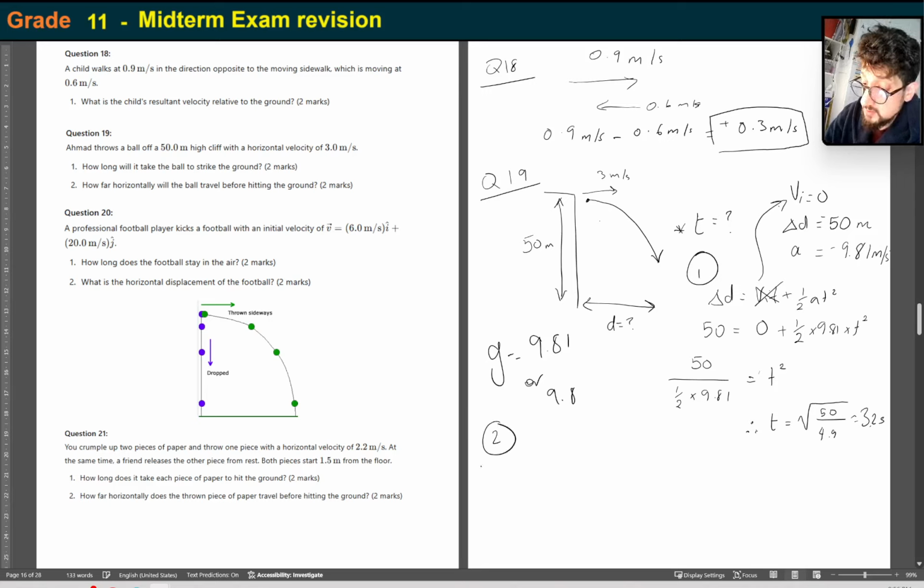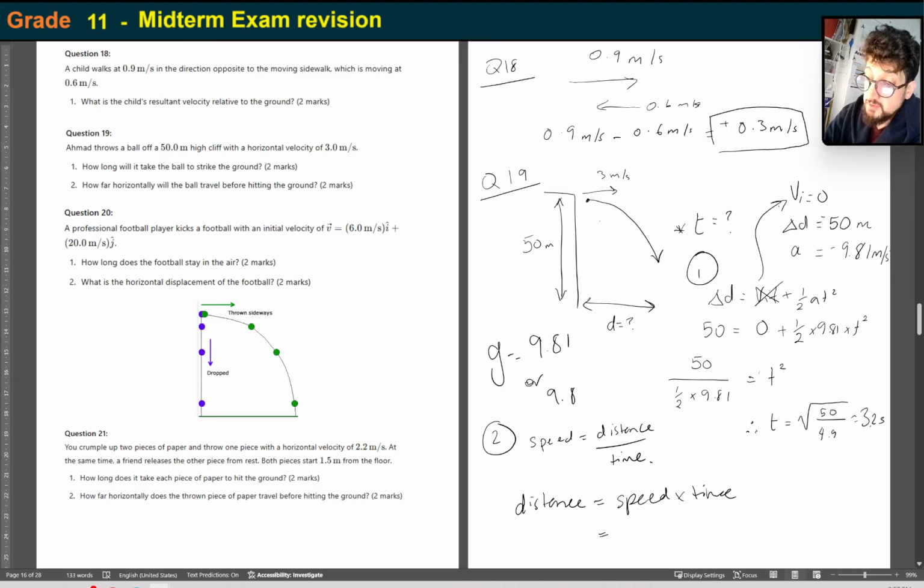Part 2 says, can you work out the horizontal distance, how far it's gone? And that's the easy part, because we know that speed equals distance over time. Now I'm trying to work out the distance, which equals speed times time, and I have the time and the horizontal speed, which is 3 meters per second.